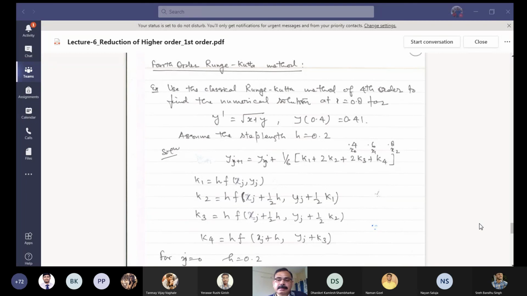Anything which is not clear? Snehabandhu? So only that part, like the matrix we have formed, it is not necessary that the first matrix will always come constant. No, it is not necessary. It depends on the situation. If it comes, you can make use of that.